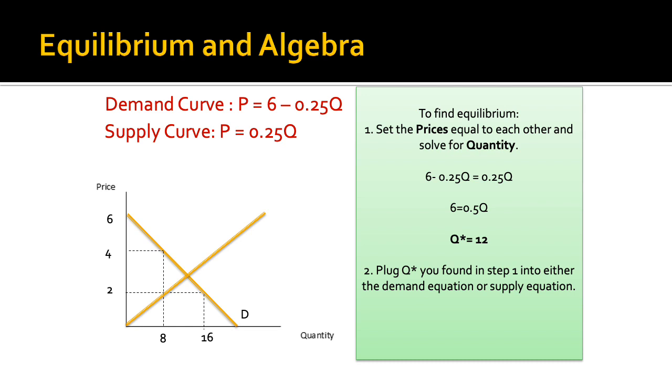We plug 12 into one of our equations, the supply curve or the demand curve, and we find that the quantity is 3 in equilibrium. Okay. This video illustrates demand and supply with algebra. The next video will show this process.